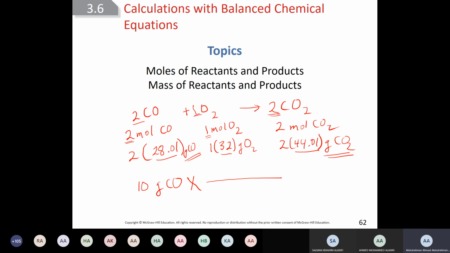I will put here 2 times 44.01 gram CO2 at the top, and I will write here 2 times 28.01 gram CO. Gram CO will go with gram CO, and you have the answer in gram CO2. Tell me now, if I have 10 grams of CO, how much CO2 will I produce? Go ahead, tell me what's the answer.